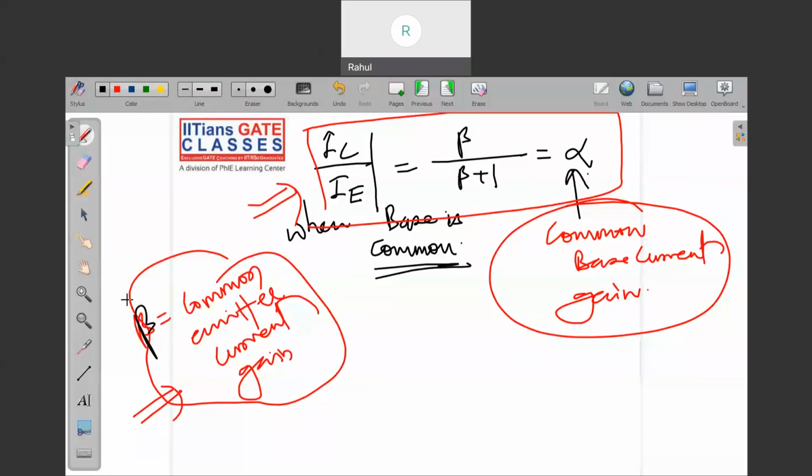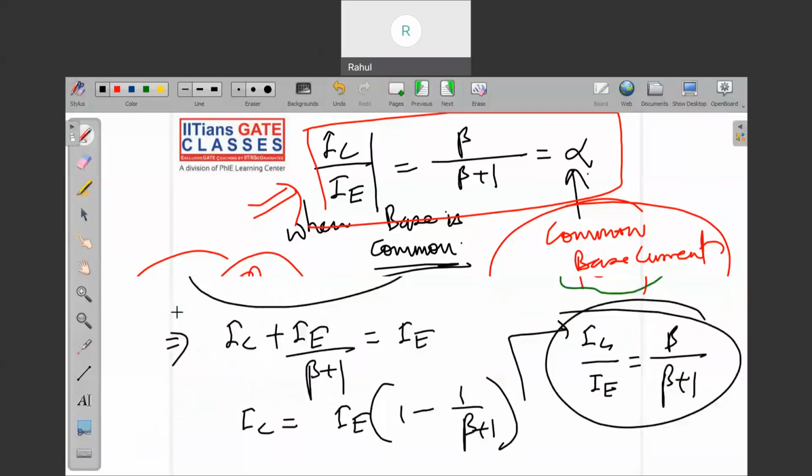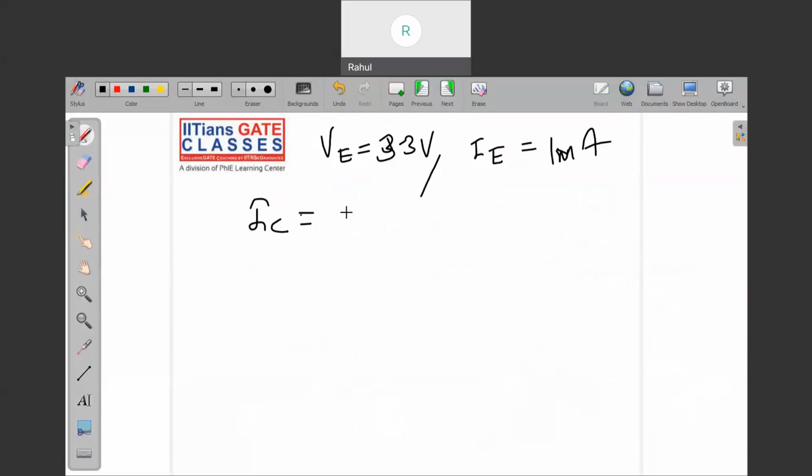So if you're coming down, you got that 3.3. Then you have got IE as 1. You can compute IC equal to beta by beta plus 1 times 1 milliampere.